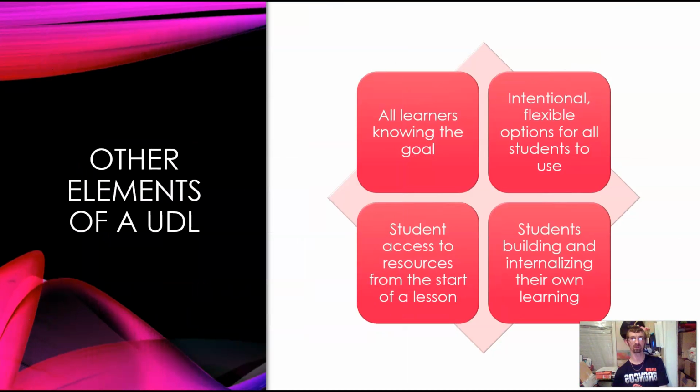So there are some other elements of universal design for learning. All learners know their goal. It's intentional, flexible options for all students to use. Students access these resources from the start of a lesson, and students will build and internalize their own learning experience.